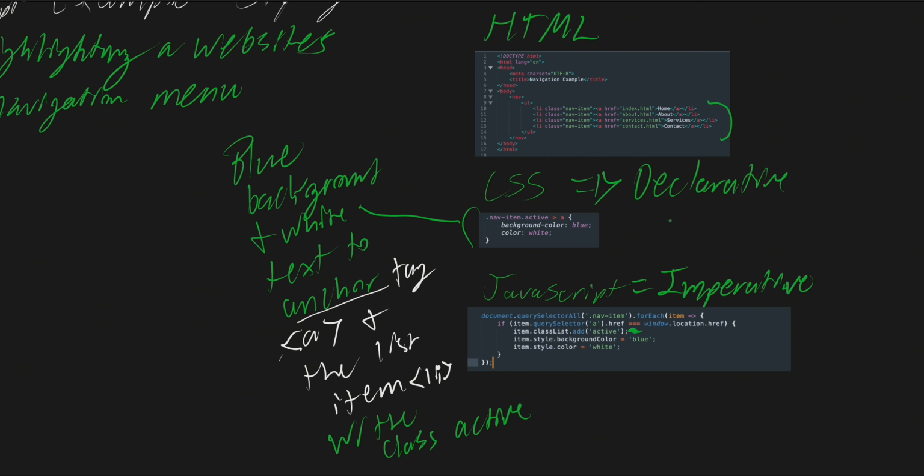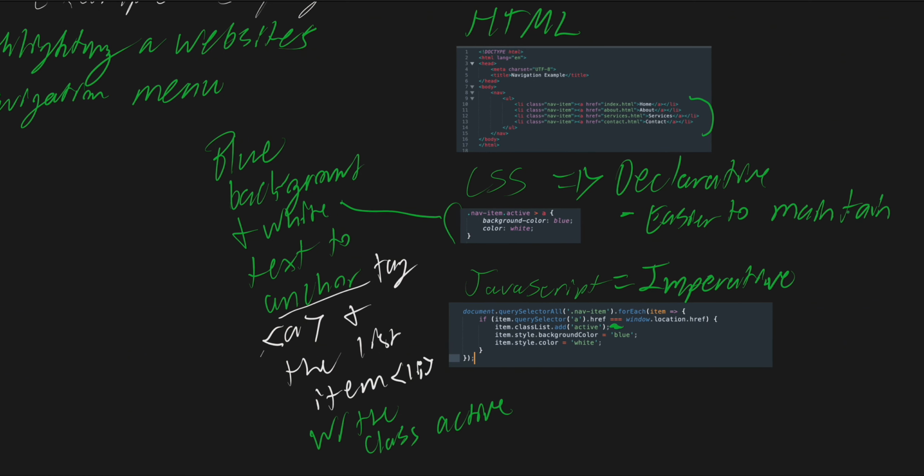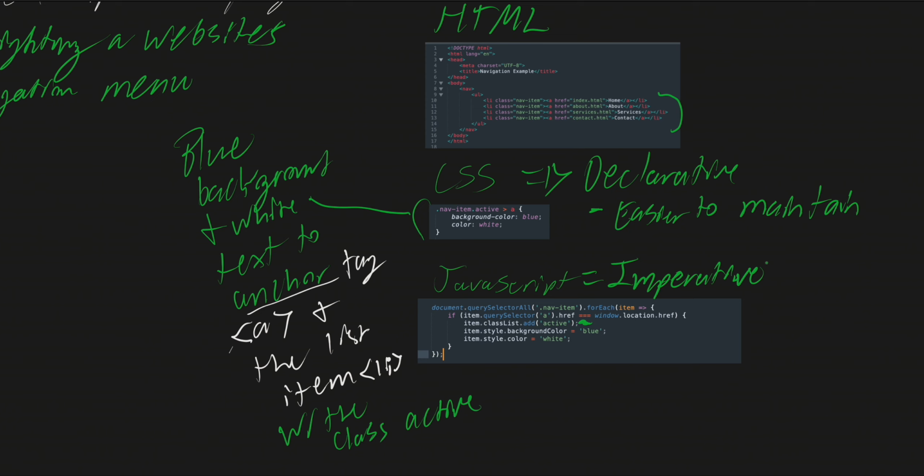The declarative CSS method is generally simpler and easier to maintain, whereas the imperative JavaScript approach can be more verbose and error-prone. However, the CSS approach allows a browser to handle state changes like the current page without additional code to manage these changes, whereas the JavaScript approach requires explicit instructions to manage the state.